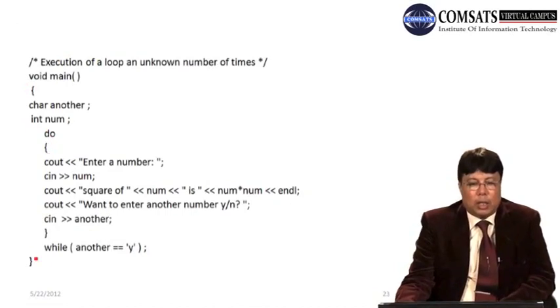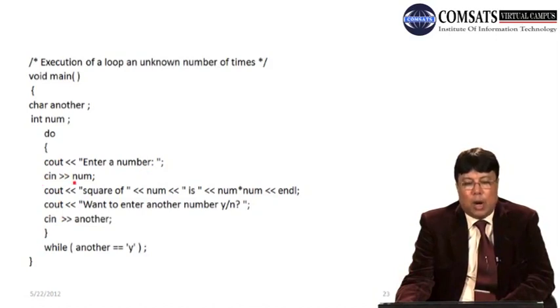You have got this do statement, then the body of the loop, that since it contains more than one statement, you are bound to put it into the braces. Then you put cout, enter a number, read that number. This is cout, cin. Okay, forget about the format specifier, just read the data from the keyboard.